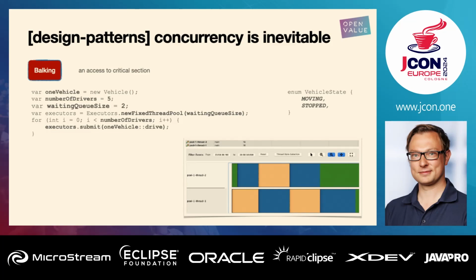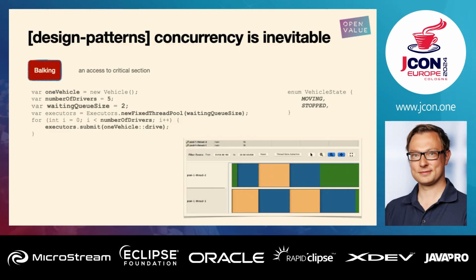And this is, for example, one of the patterns, which is a blocking pattern, which is sometimes what developers want to achieve, to have only one thread in the critical section. Right now is a scenario where we have just one car, 5 drivers, and the preparation phase and the execution phase.